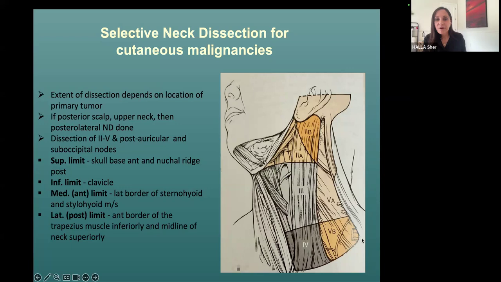The posterior limit is the posterior edge of the trapezius muscle. And in this dissection, the periauricular lymph nodes and the suboccipital lymph nodes are also dissected.